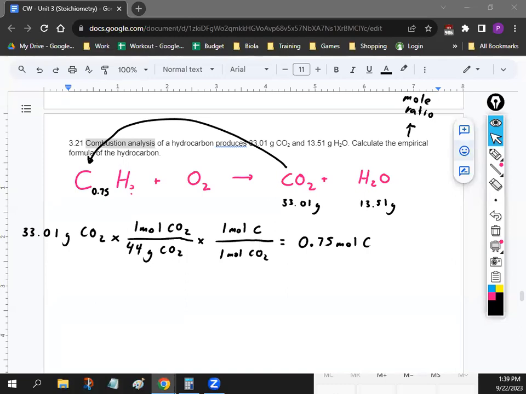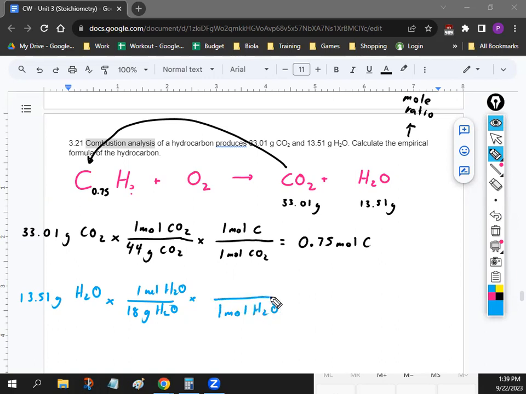Okay, so we're going to do the same thing for hydrogen this time. If we take a look at hydrogen, all of the hydrogen is used to create the water, right? So that means 13.51 grams of H2O contains all of the hydrogen. There's 18 grams of water in every 1 mole of water. And then we know that inside of 1 mole of water, how many moles of hydrogen are there? 2.